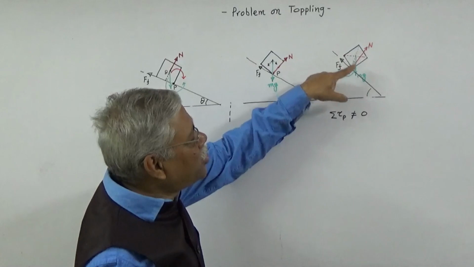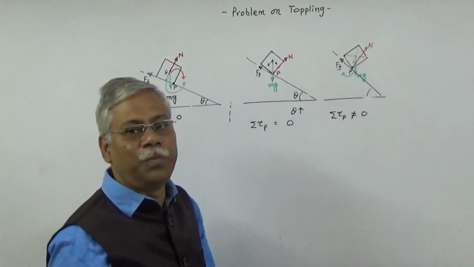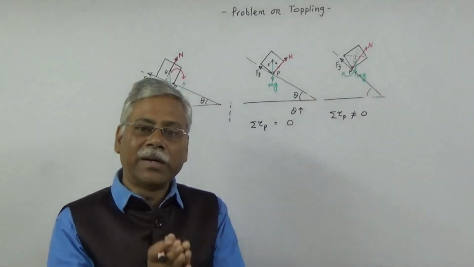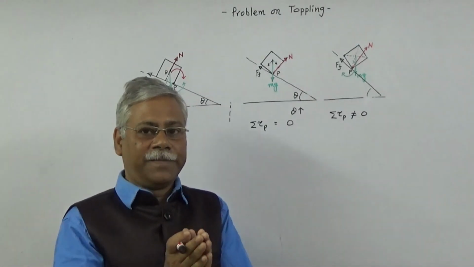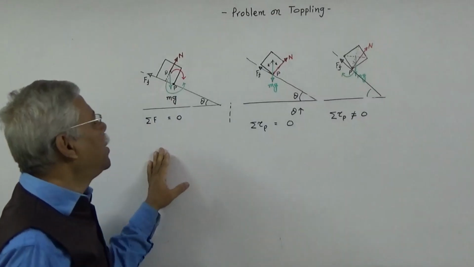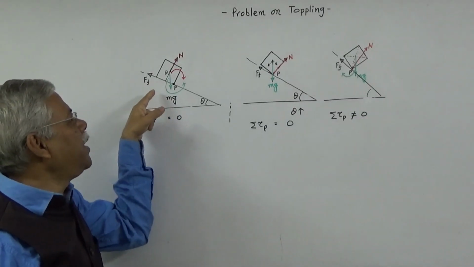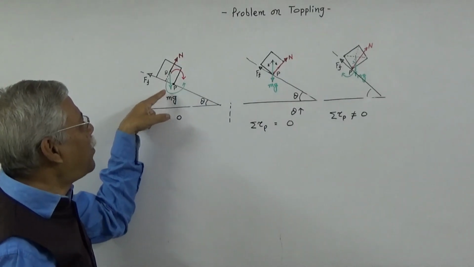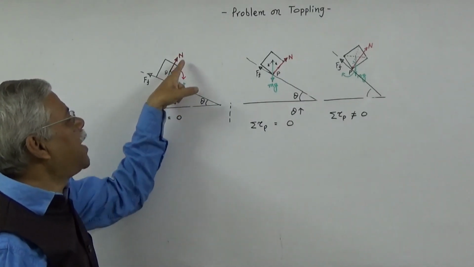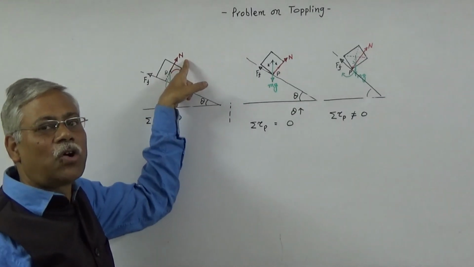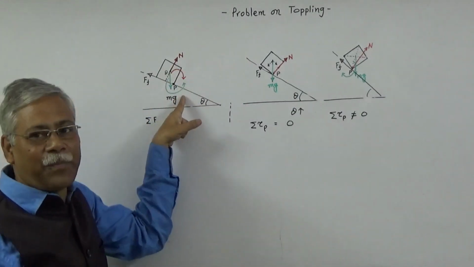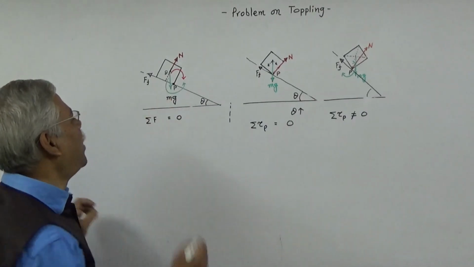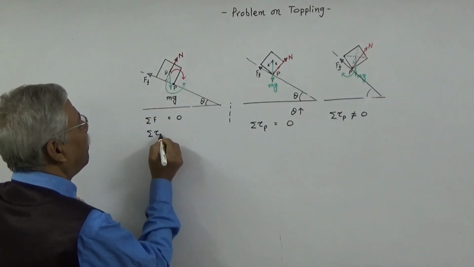Under the action of the torque of mg about P, the body will rotate clockwise, which is called toppling. So the gist: as long as the body is in rotational equilibrium, the torque of mg about P gets exactly balanced by the torque of N about the same point. As a result, net torque about the point P is 0.